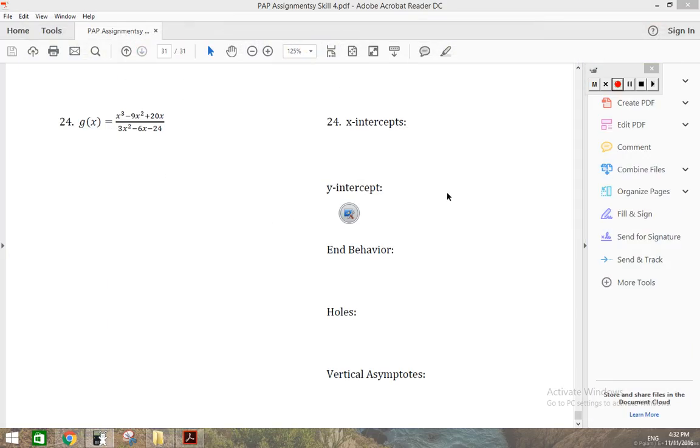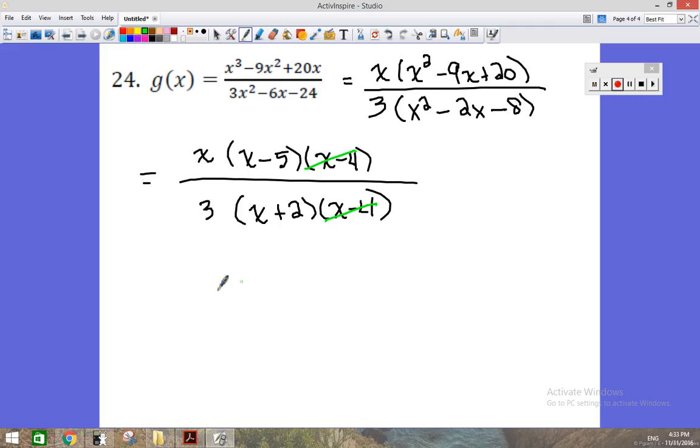So I'm trying to determine the holes and the vertical asymptotes. For holes, I look and see that I did have a factor that canceled. So I want the x-coordinate and the y-coordinate of the hole. The x-coordinate's easy.